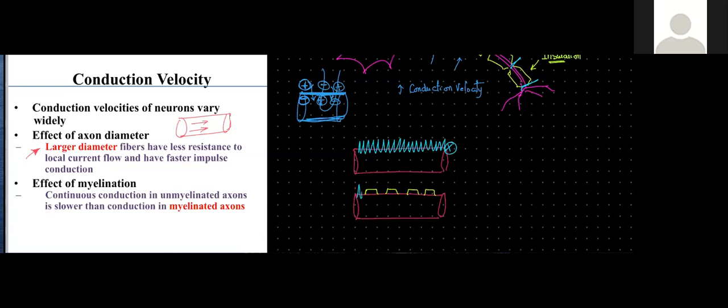So I create an electrical signal and then boom, you can't allow the electrical signal to pass through this part of the membrane. So you're going to be jumping exactly over the myelin sheath. You're going to jump from one node of Ranvier to the next node of Ranvier. Boom, boom, boom. Which one was faster, one or two?